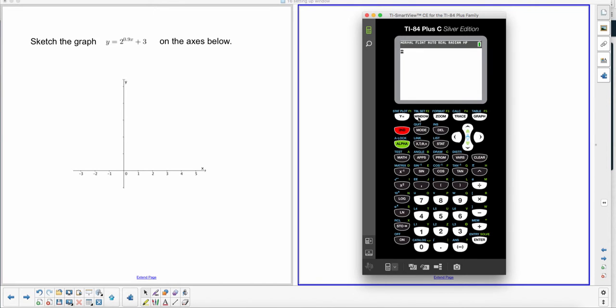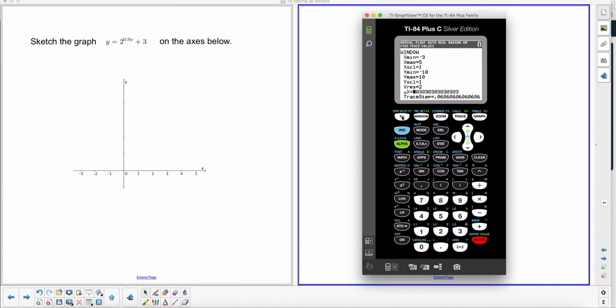First I'm going to start with the window. I've got the default window here of negative 10 to 10 on both axes. So I'll change the x window to negative 3 to 5 with a scale of 1, as is shown on the axes given. The y-axis I don't really know about right now, so I'll leave them as they are.